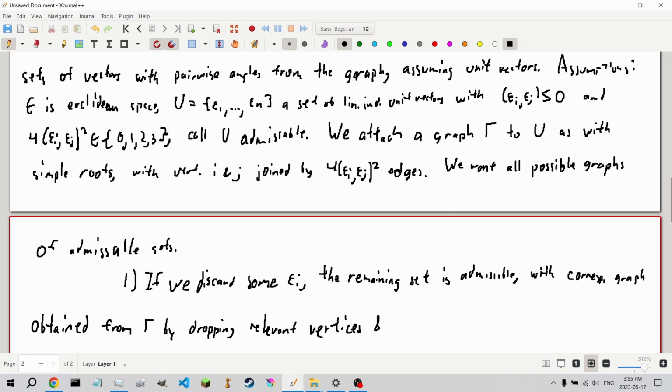That's assuming we're dropping multiple vertices here, multiple elements. And we just drop every vertex that belonged to one of the elements we discarded and every edge connected to one of the vertices we discarded. And this is obvious.